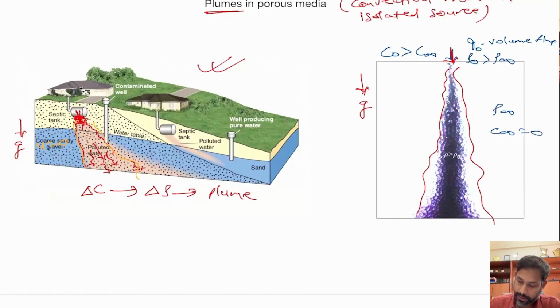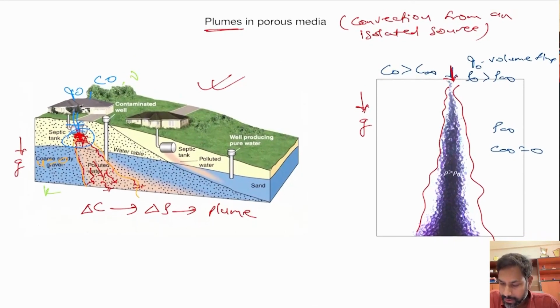If you know what is the rate of discharge, let's say you have some discharge rate Q naught and C naught, etc. And if you know what is the permeability of the medium, if you know the K value, and if you know the viscosity of the fluid, etc., so you can very easily find out how much is the mixing, what is the concentration. And while I'm only presenting some final results, you can actually also find out what is the velocity, what is the thickness of the plume, and several other things from the model we have derived.